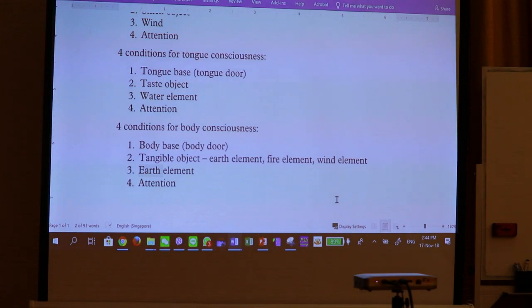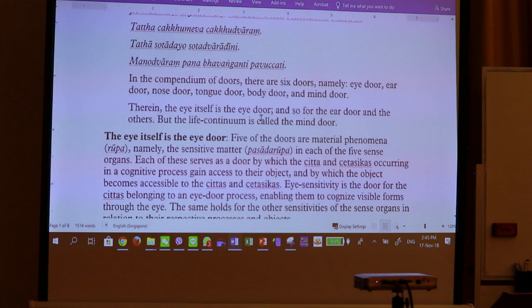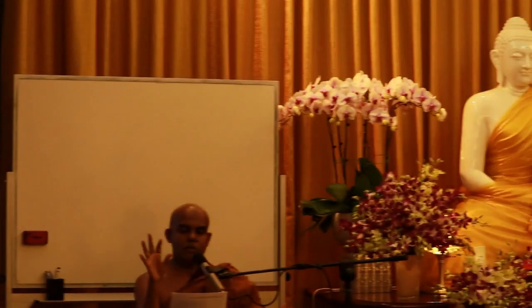Okay. Now about our original lesson. Analysis of door. Now we want to know how many consciousnesses arise in the eye door.